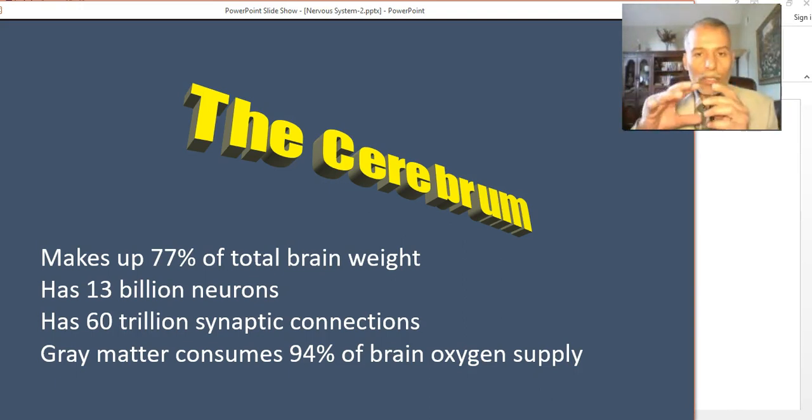Everything else that comes on top of that is the cerebrum. Okay, so the cerebrum makes basically 77% of the total brain weight.